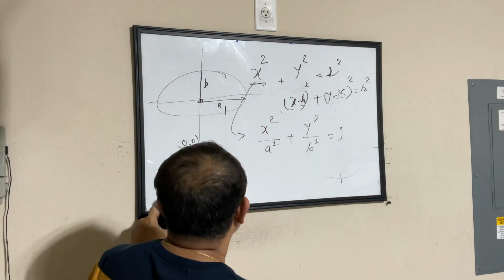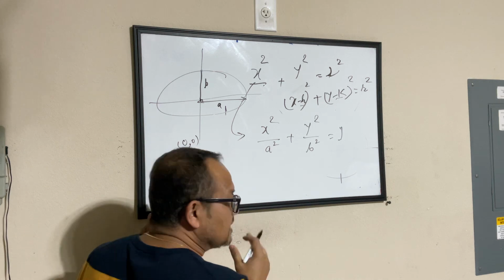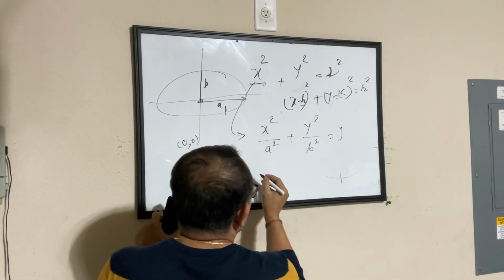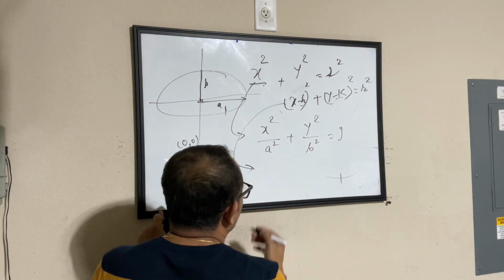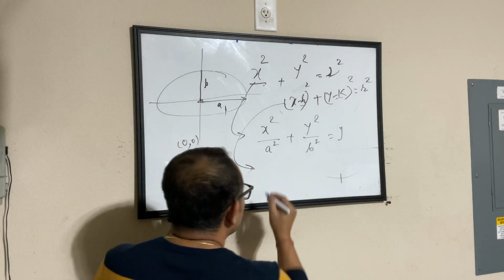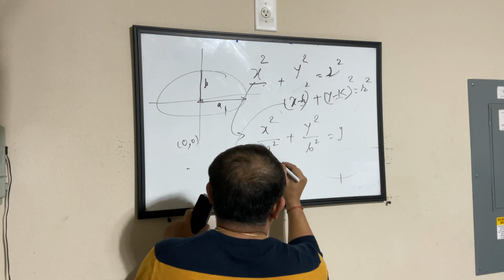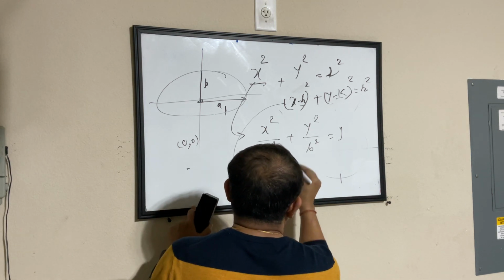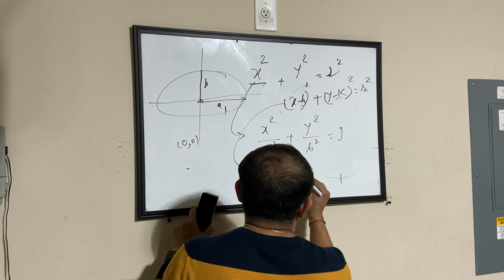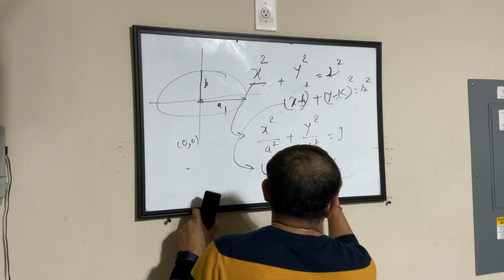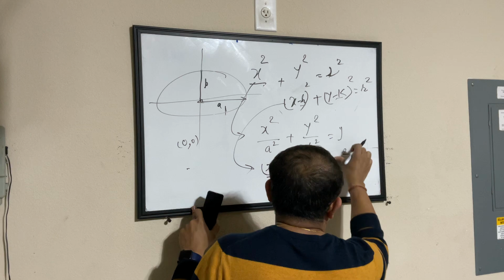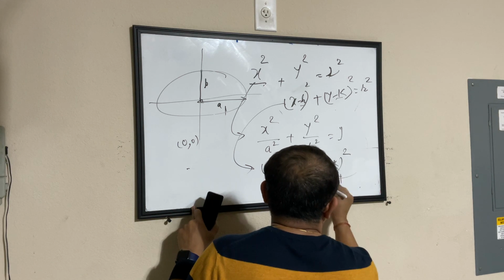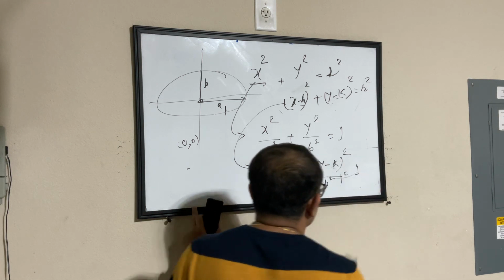If the same ellipse's center is not at the origin, then this equation gets an equivalent of this circle equation, and that is x minus h squared by a squared plus y minus k squared by b squared equal to 1.